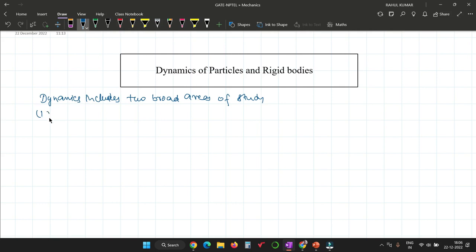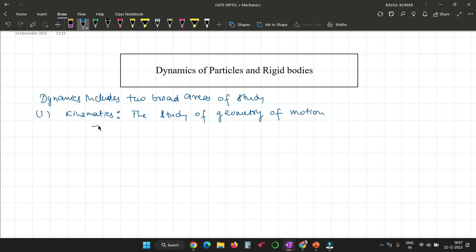The first is kinematics, and this is actually the study of geometry, the geometry of motion.